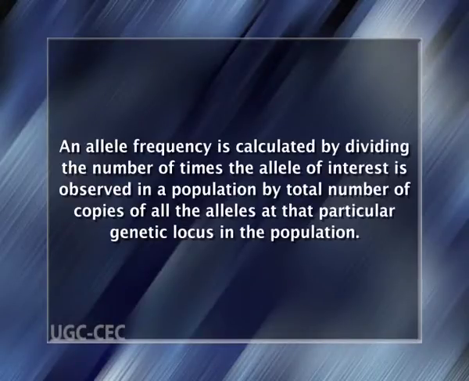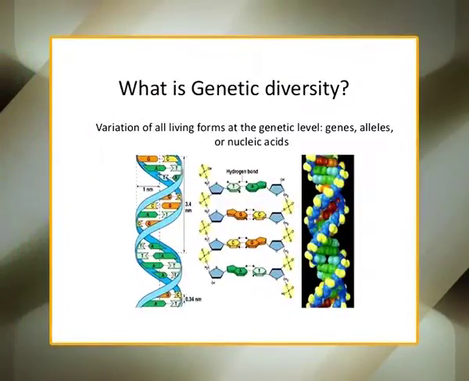An allele frequency is calculated by dividing the number of times the allele of interest is observed in a population by the total number of copies of all the alleles at that particular genetic locus in the population. Allelic frequencies can be represented as a decimal, a percentage or a fraction.